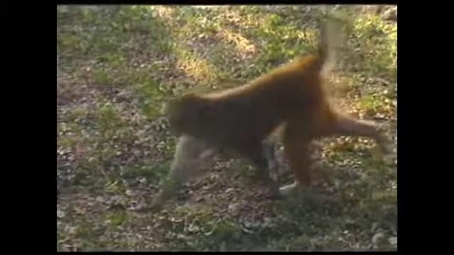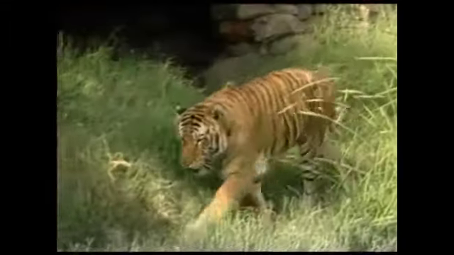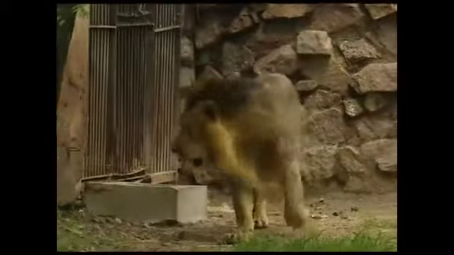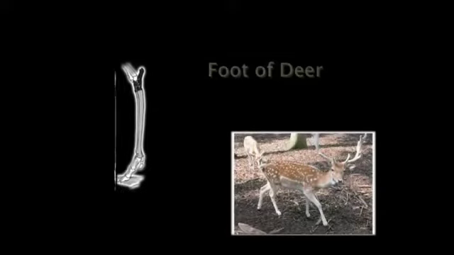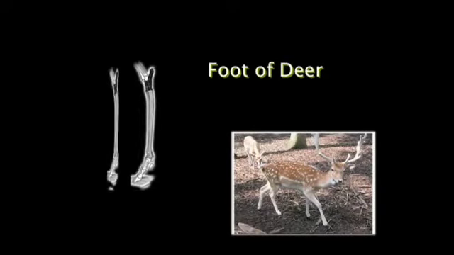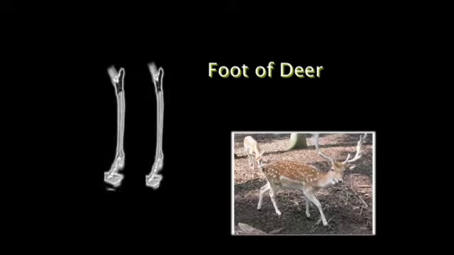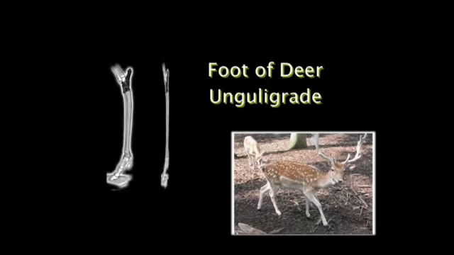Observe carefully the foot of deer, tiger, cat, lion and monkey. Deer walks and runs on tips of toes or hooves touching the ground. Hoofed mammals are known as unguligrades, or those who walk on tips of toes.